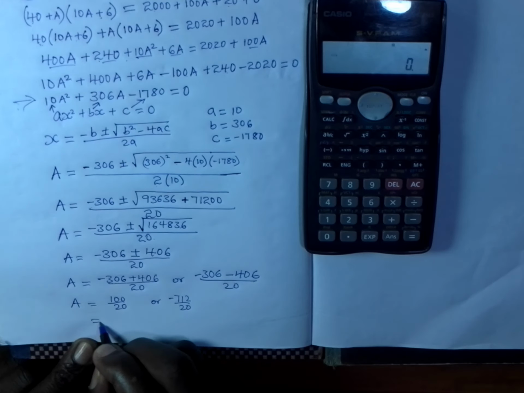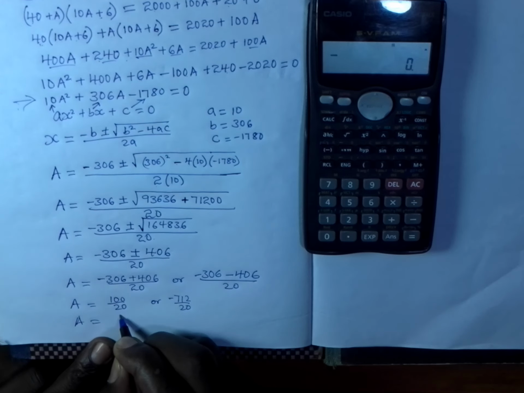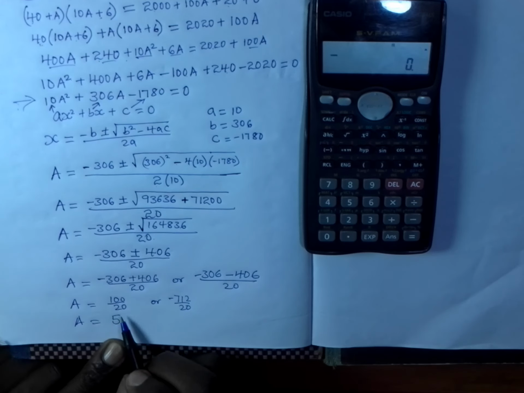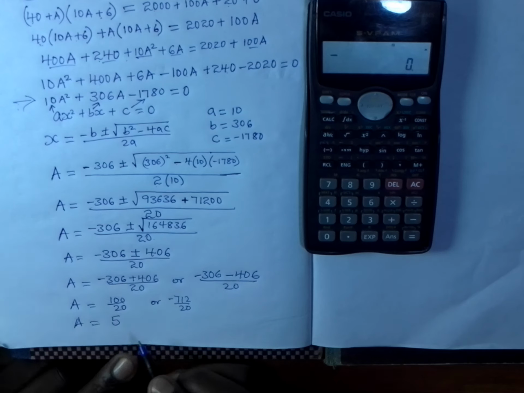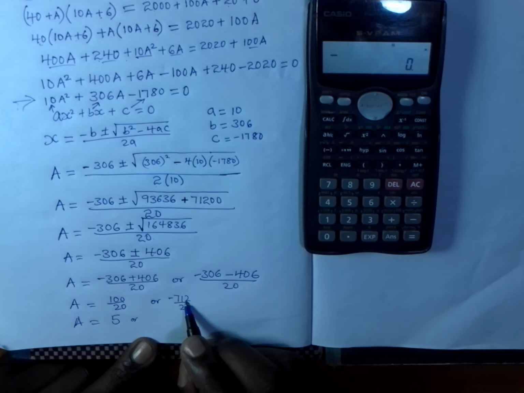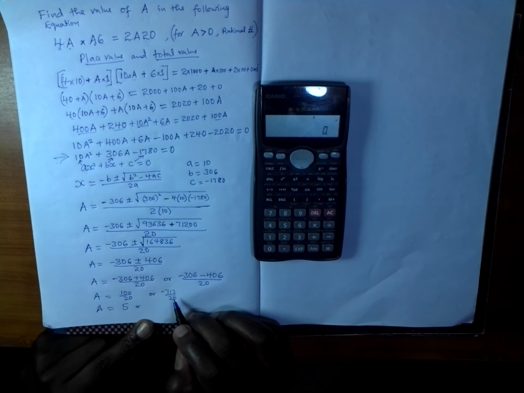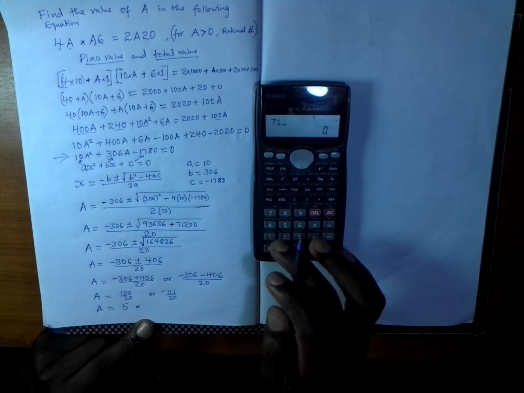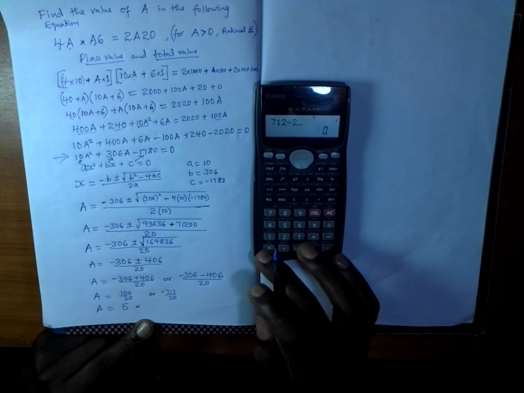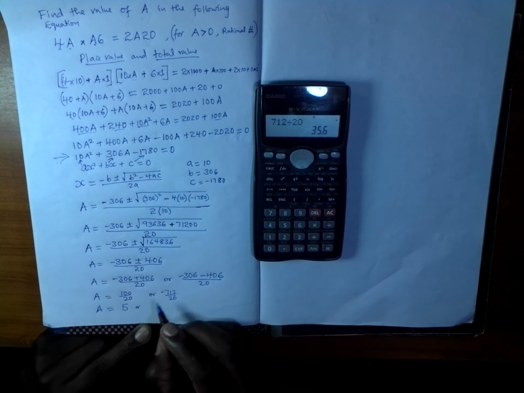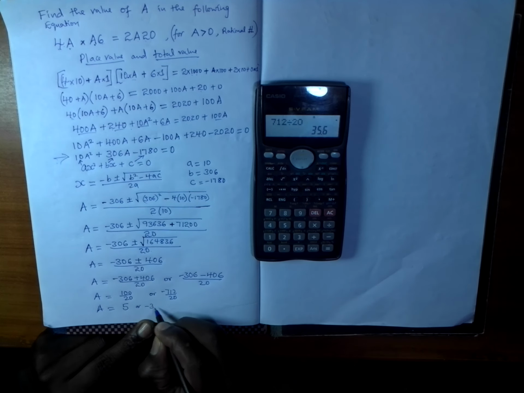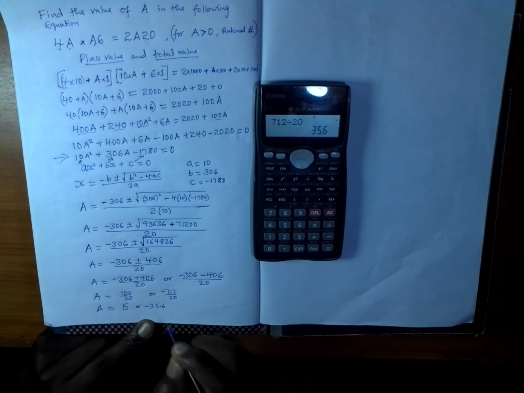So if we work it out, a is 5, 100 divided by 20 is 5, or the other one will be 712 divided by 20, that is negative 35.6.